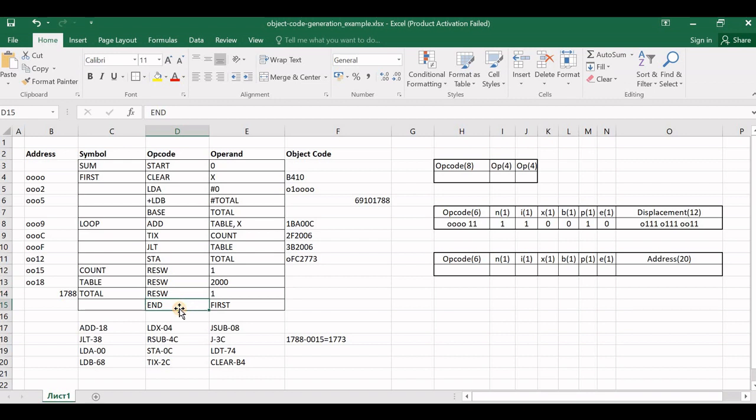And the last instruction is the END instruction. END says it is the end of the executable program. END first, where first is the label of the first executable instruction. So this is how you find out the object codes for the given SIC-XE instructions. Thank you.